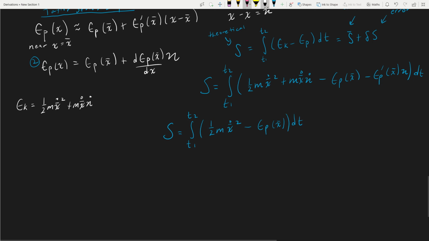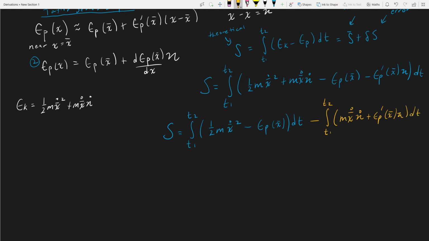And then the other term is, let's use orange, minus the integral from t1 to t2 of m x bar dot eta dot plus EP, the derivative with respect to the theoretical position, evaluated at x bar, times eta, dt.